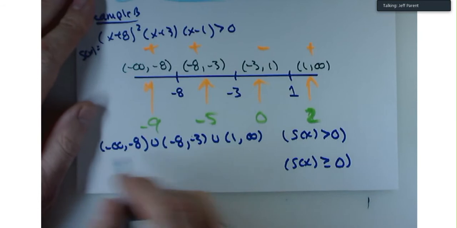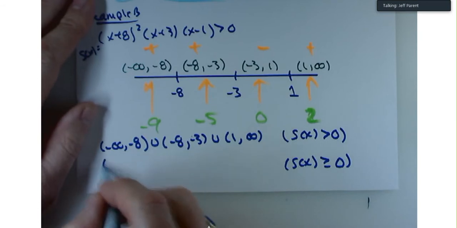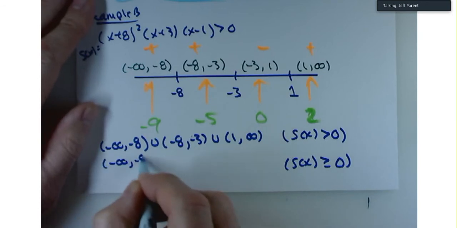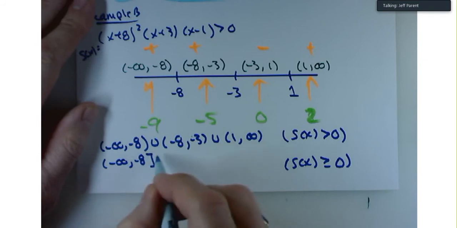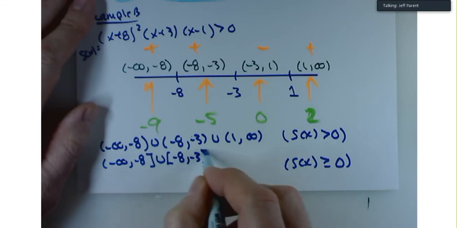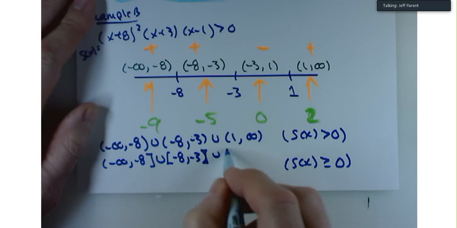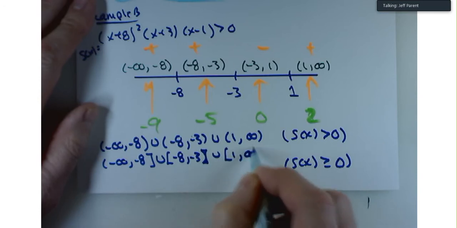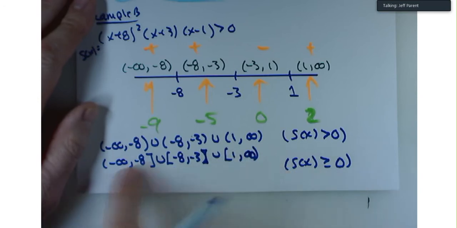Okay. So I'll show you this two ways. A lot of people might go, all right, negative infinity to -8, include that, because you can include that now, and then -8 to -3, bracket there, union 1 to infinity. But if you look at this really carefully, it's just what you said. You've got everything between negative infinity and -3.